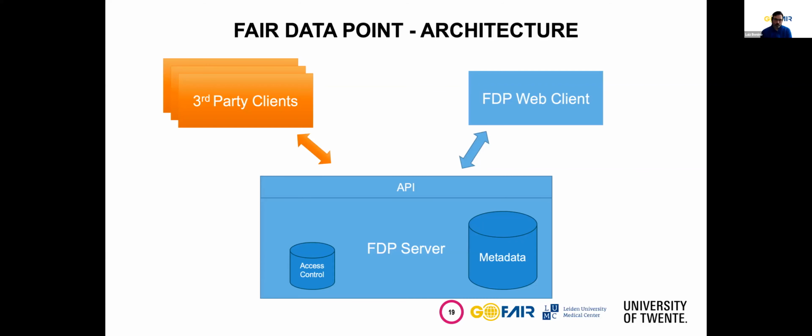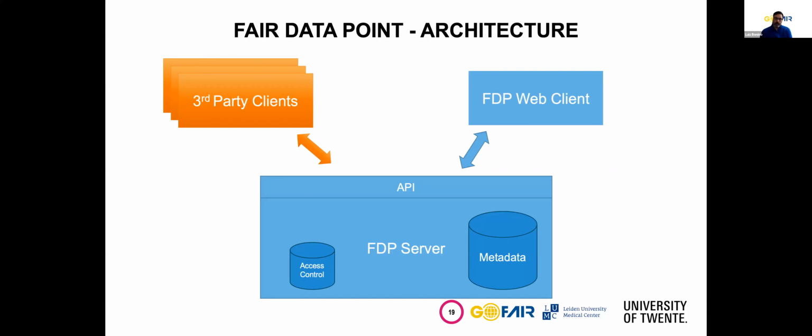For instance, access control, because you can create different users with different rights to provide metadata. It's not that you deploy a FAIR Point and everybody suddenly is able to insert new metadata. So we can control this access, and the information about access control is also stored at the server.